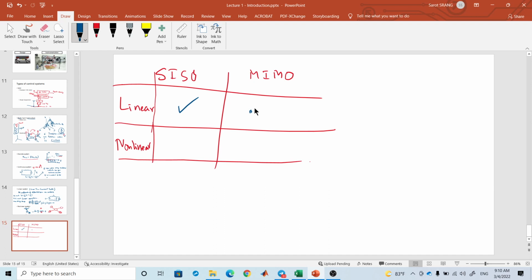We may look at some nonlinear systems, and then we do the linearization to go here. So mostly we will talk only here.